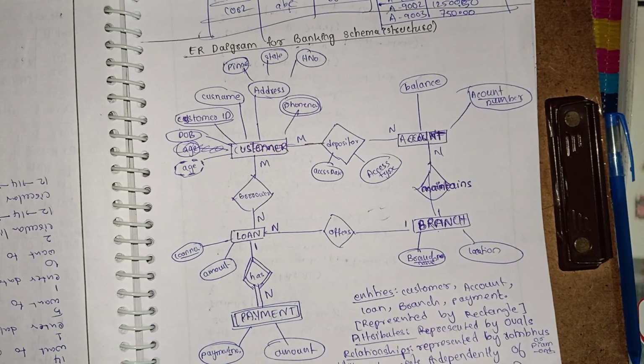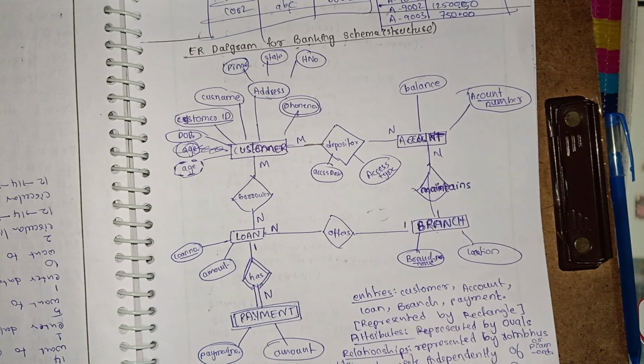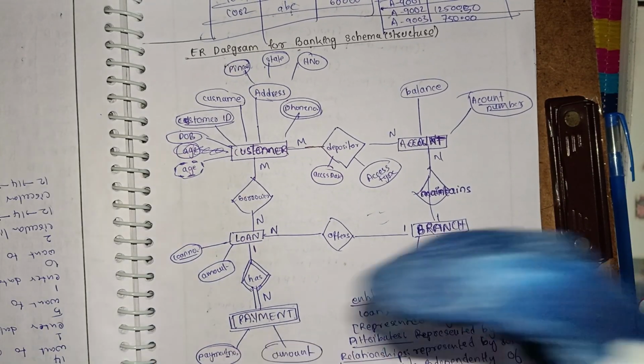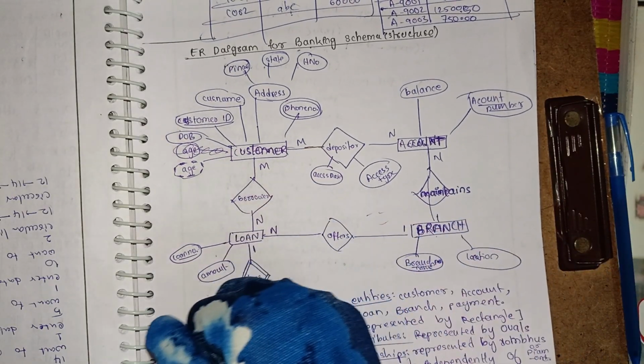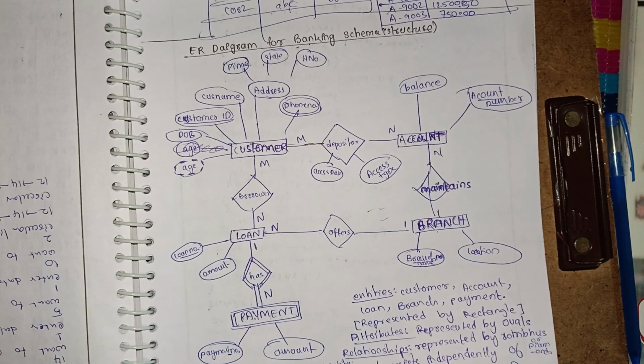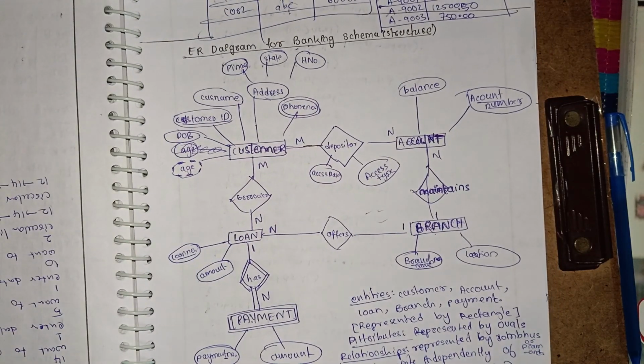In query time we will access the age attribute, because if we add age, then severe redundancy will be there. That's why we are not including the age column.